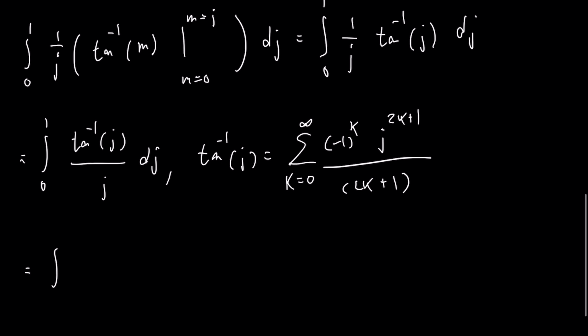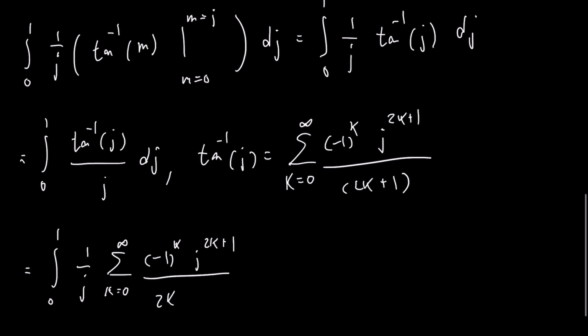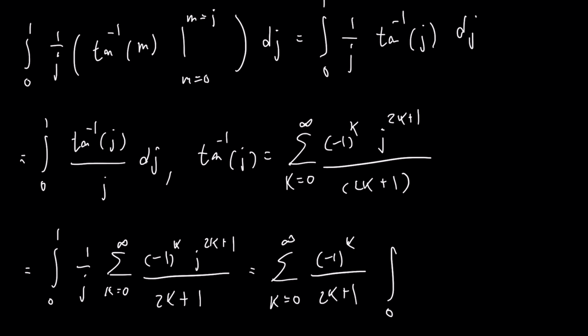So this is equal to the integral from 0 to 1 of 1 over j, the sum from 0 to infinity of negative 1 to the k, j to the 2k plus 1 over 2k plus 1. And we'll exchange the order of summation and integration. So you have the sum from 0 to infinity of negative 1 to the k over 2k plus 1, times the integral from 0 to 1 of 1 over j times j to the 2k plus 1 dj.